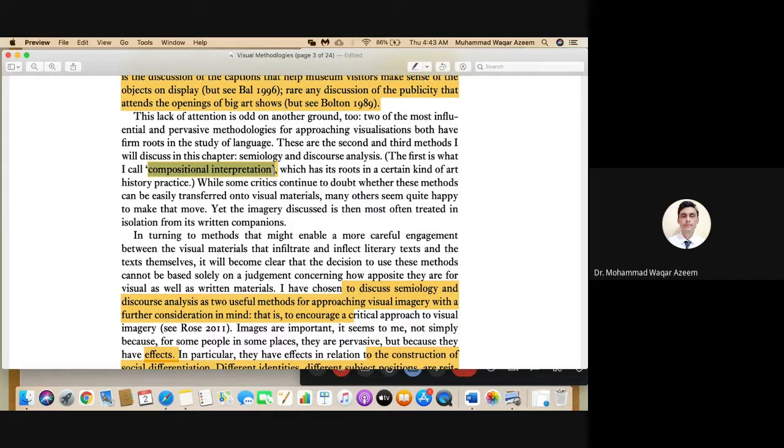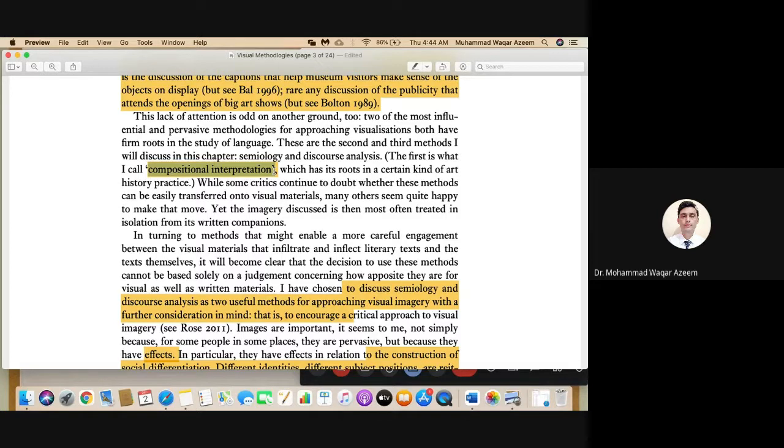So as in routine we are aware of and we practice interpretation, I hope most of you are aware of the expression, and most of you are also aware of the fact that in literary studies as well as in cultural studies, the most important act of conducting research is interpretation.